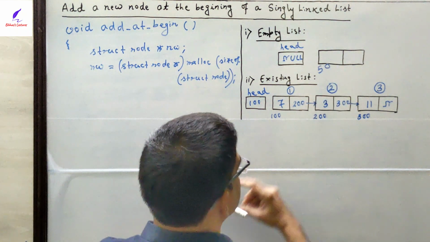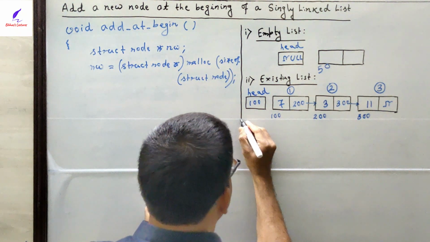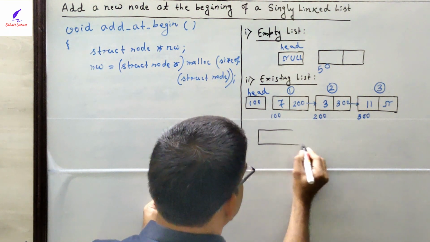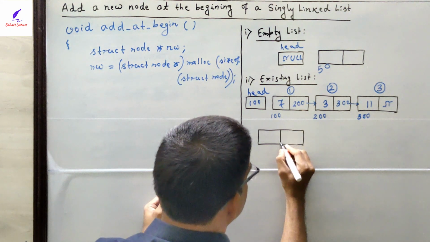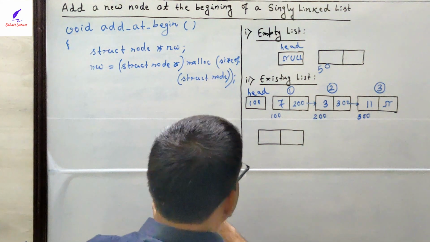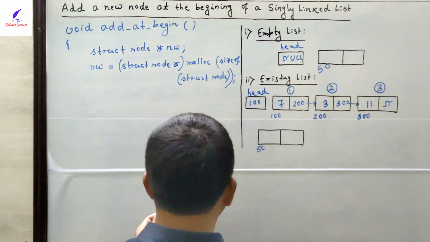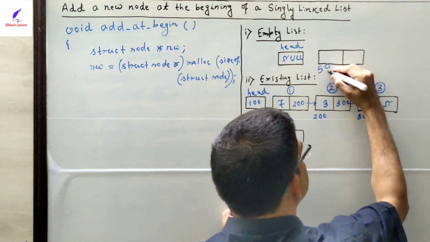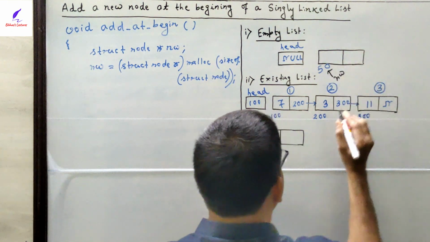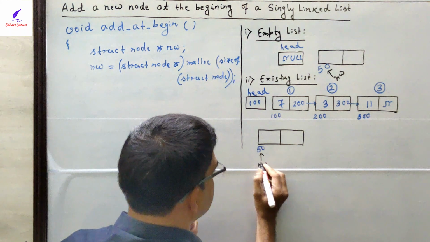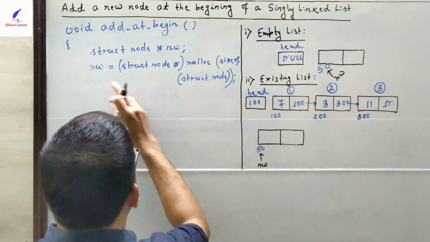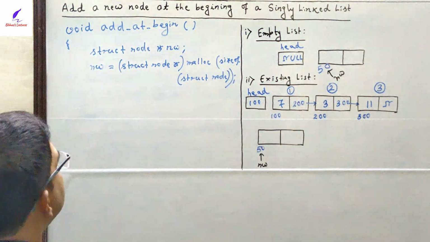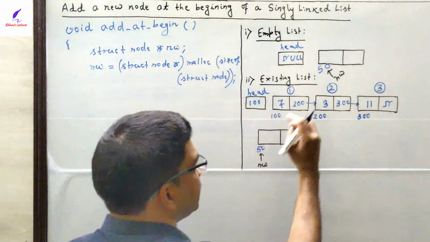This 50 address is being assigned to the new pointer. So this 50 is being pointed to by the NW pointer, that means the value of NW is 50. That means NW is pointing to this address 50. So now the node is ready, which is being pointed to by NW.